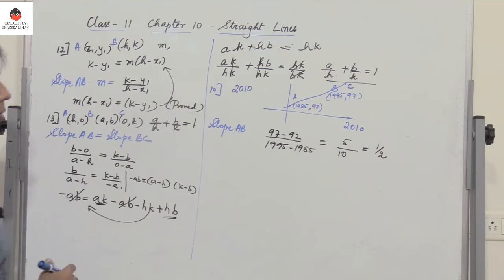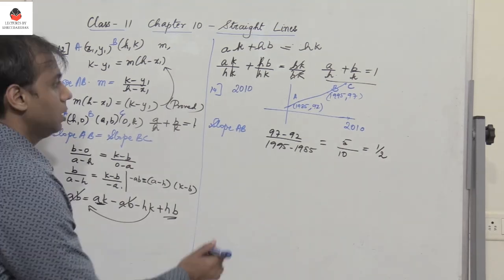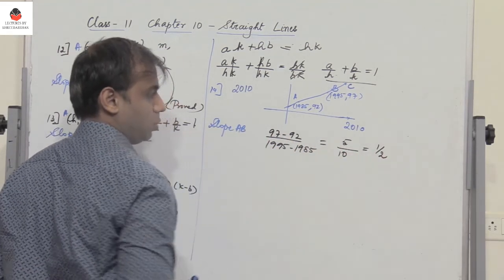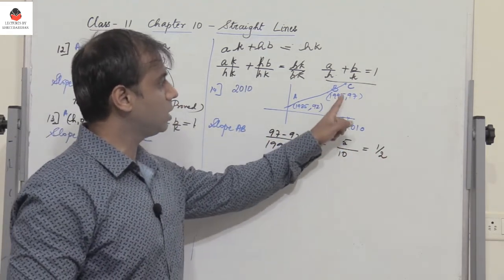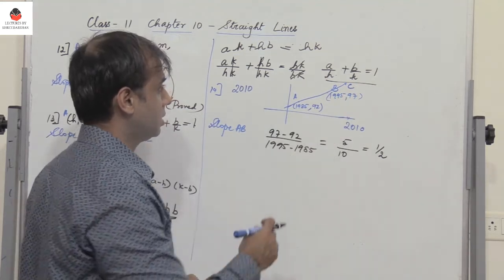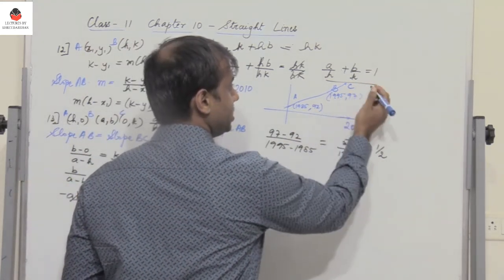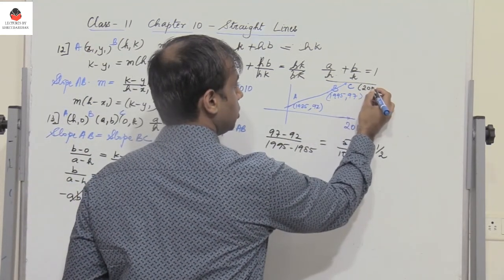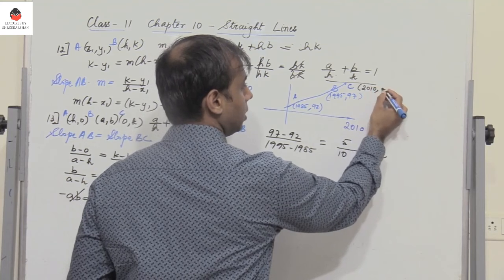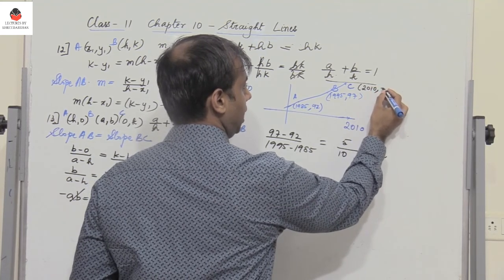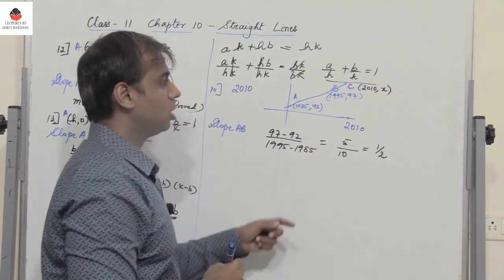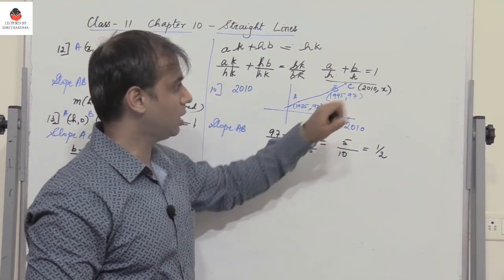So this is the slope of the line AB. Now this slope, which is equal to half, should also be equal to the slope BC, isn't it? So what is point C? C is going to be 2010 comma, let's say x. So I do not know what the population is, so let that be x.